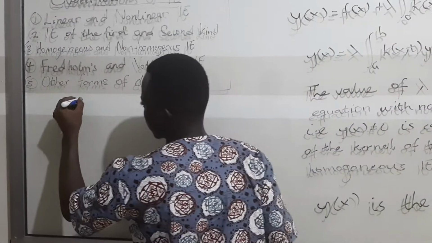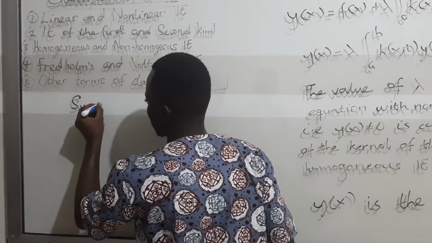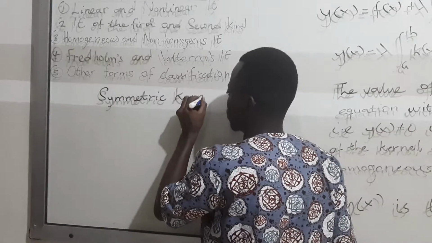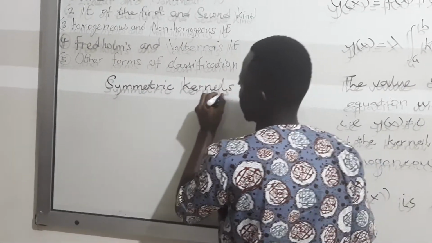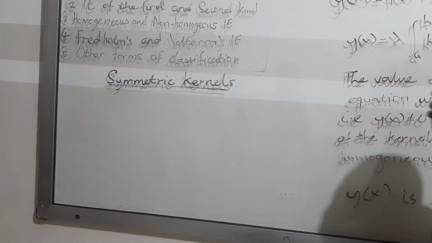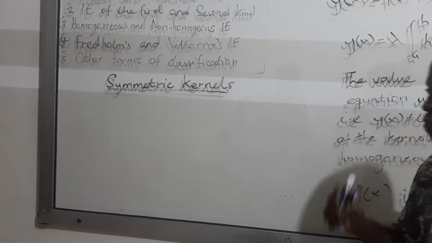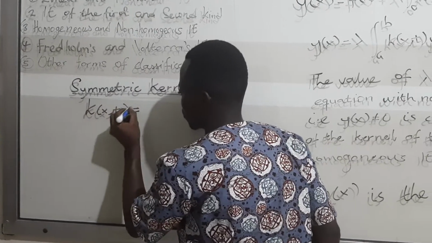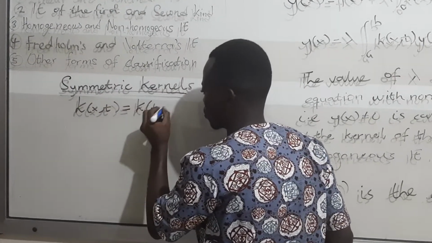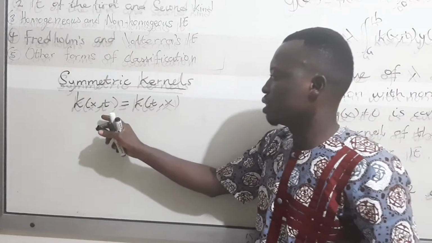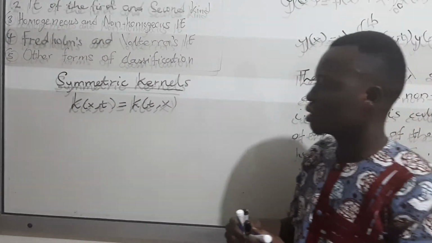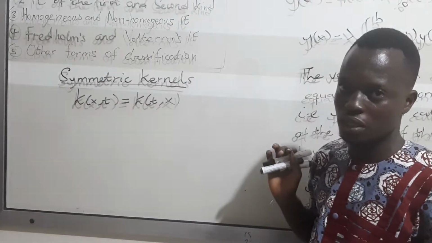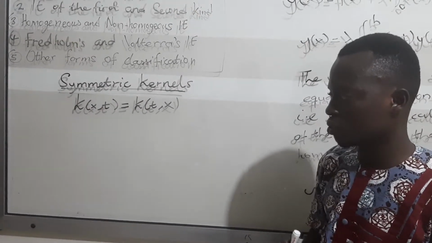A kernel is said to be symmetric if k of s,t is equal to k of t,s. That means if you interchange the s and the t, you should get the same function. So that's the meaning of symmetric kernels.